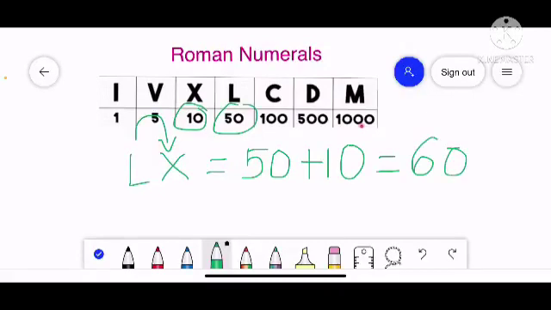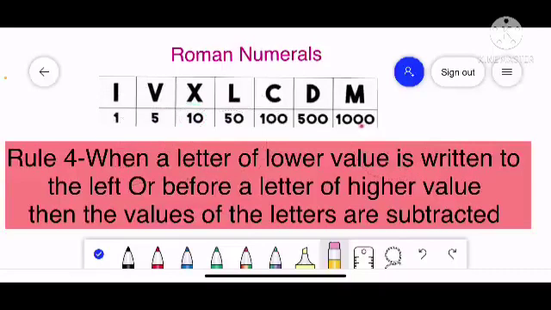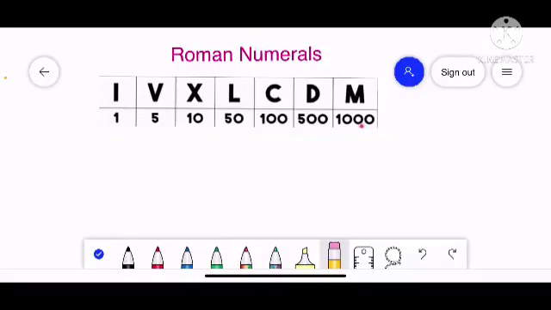Now, rule number 4: when a letter of lower value is written to the left of the higher value, then the value of the letter on the left is subtracted from the value of the letter on the right. If it is written on the right side, we were adding the numbers.